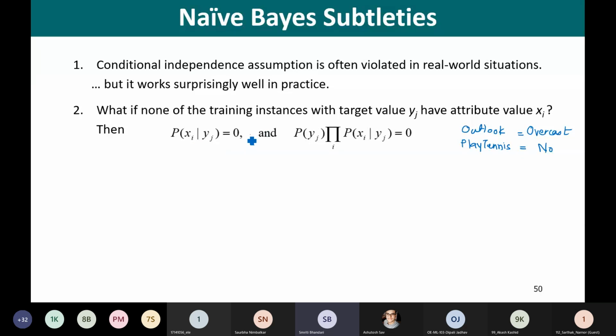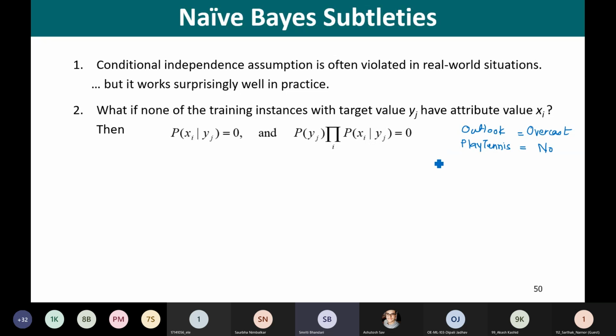So probability of xi given yj is 0. And if this probability of xi given yj is 0, then obviously the product probability of yj into probability of xi given yj equal to 0 is 0.